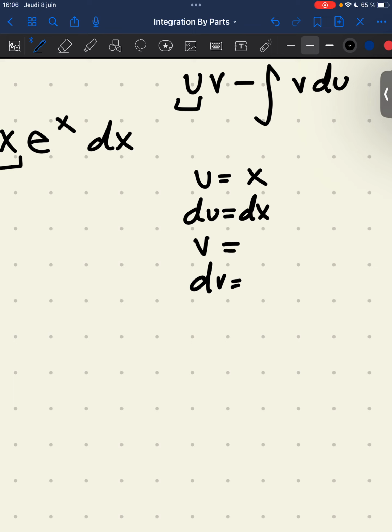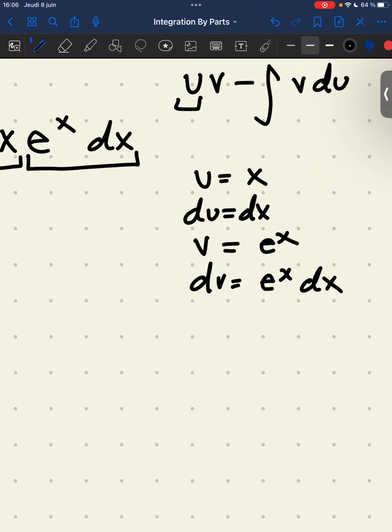Alright, we have our v and our dv. We actually work backwards on this one, so we look at our dv, which is e to the x dx. Now what is the integral of e to the x dx? That would just be e to the x.